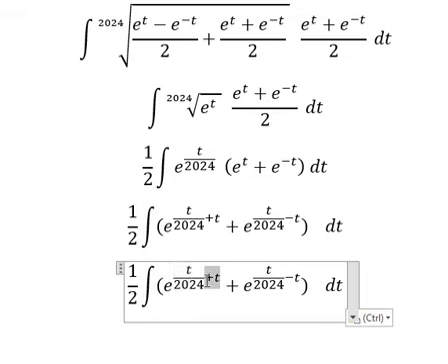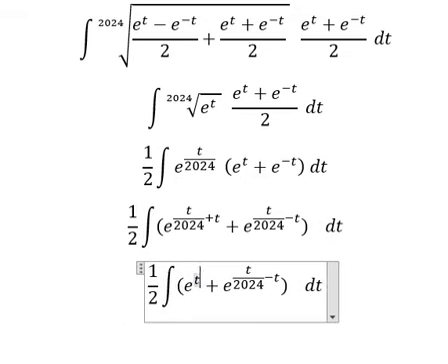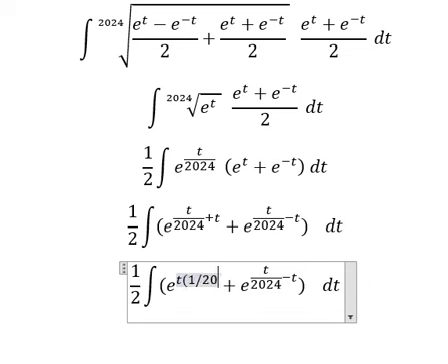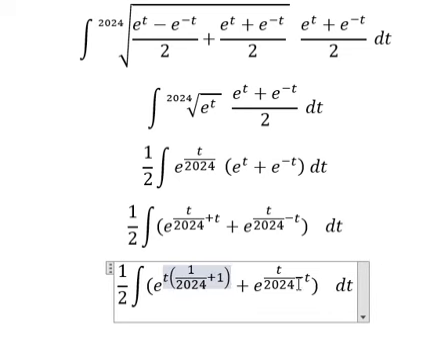Now t and t we can do factorization. Similar for this one.